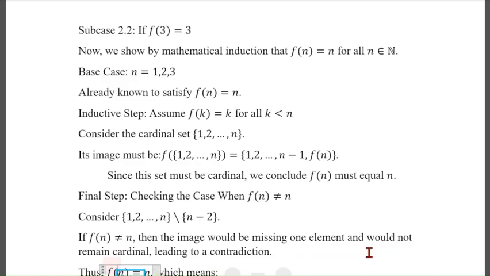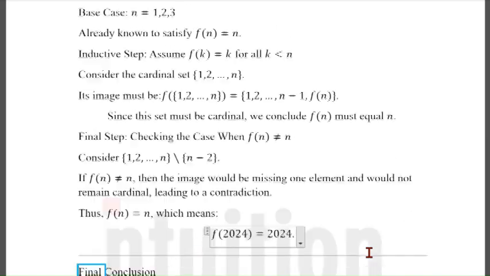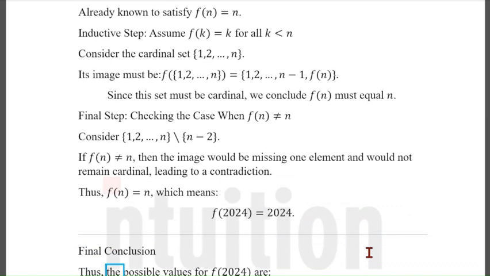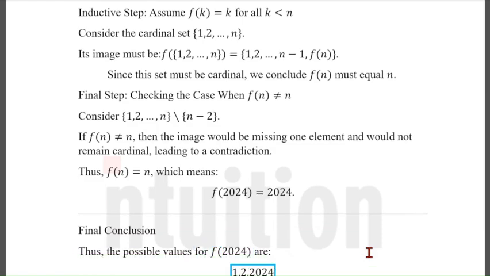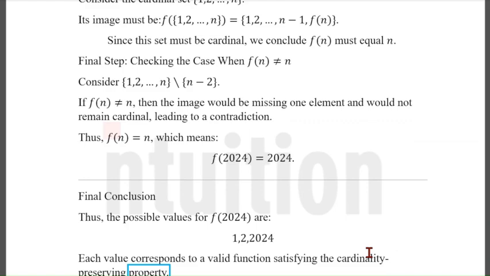Thus, f(n) = n, which means f(2024) = 2024. Final conclusion: the possible values for f(2024) are boxed 1, 2, 2024. Each value corresponds to a valid function satisfying the cardinality preserving property.